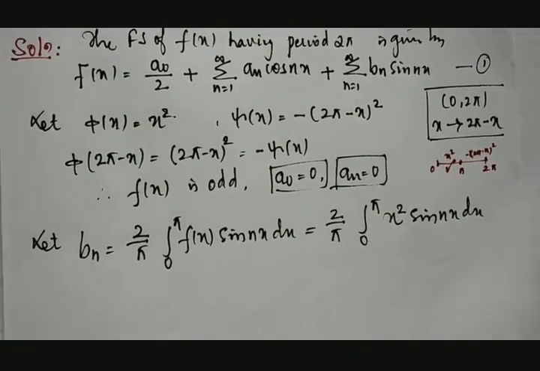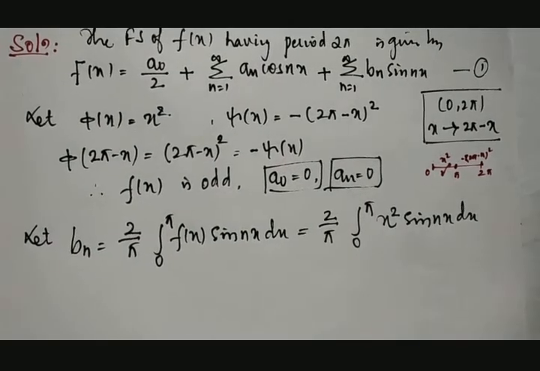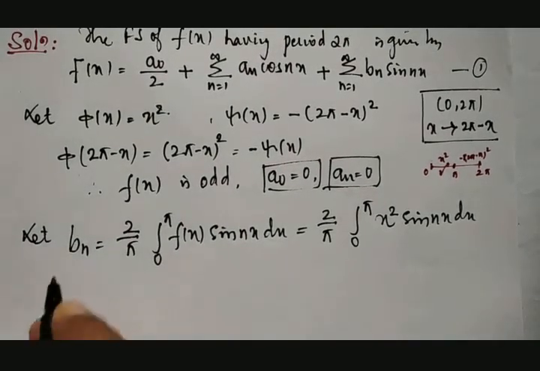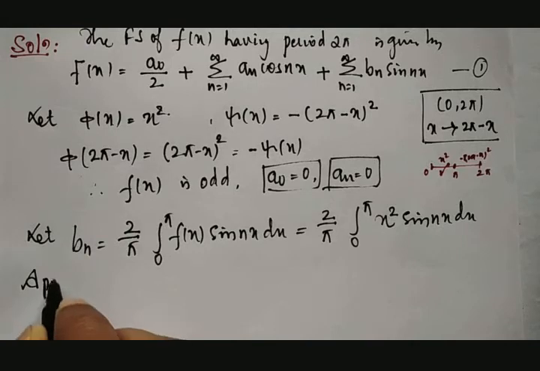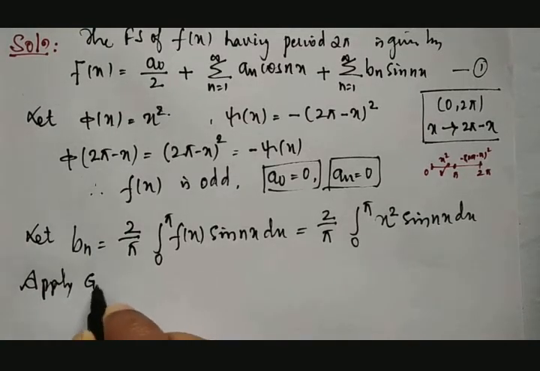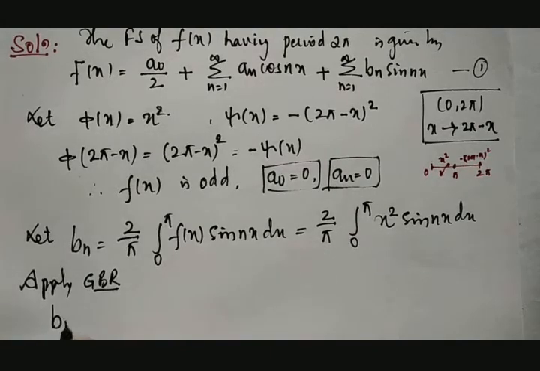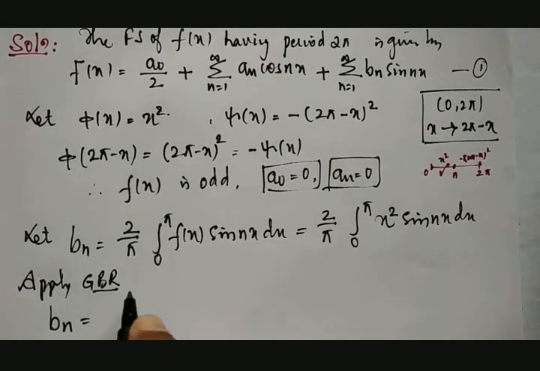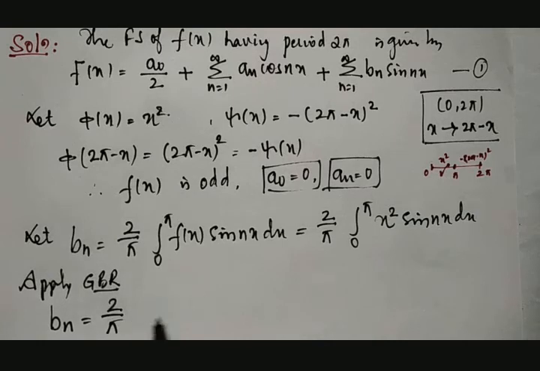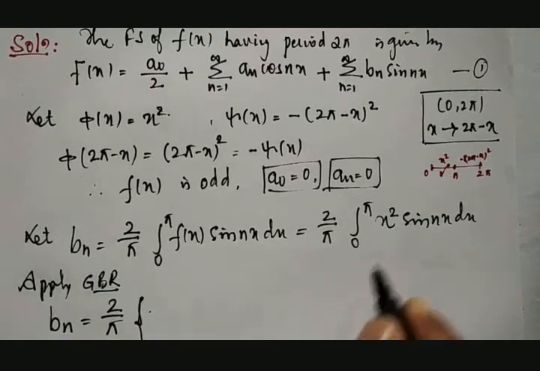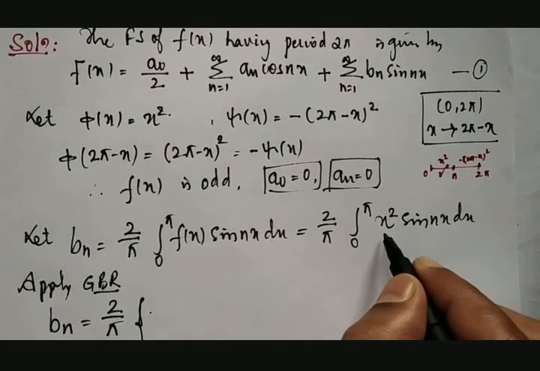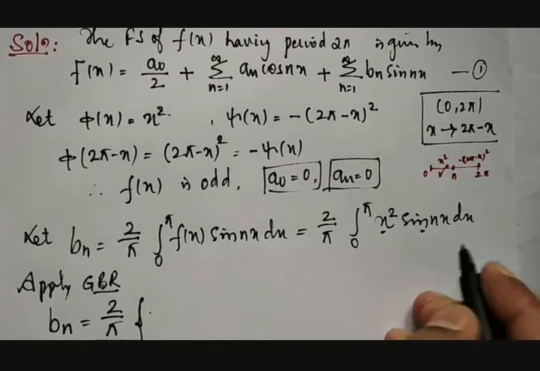Since this is the product of two functions, it can be solved by applying the generalized Bernoulli rule. Therefore, bn is equal to 2 divided by pi. In these two we can see this is the first function, this is the second function.